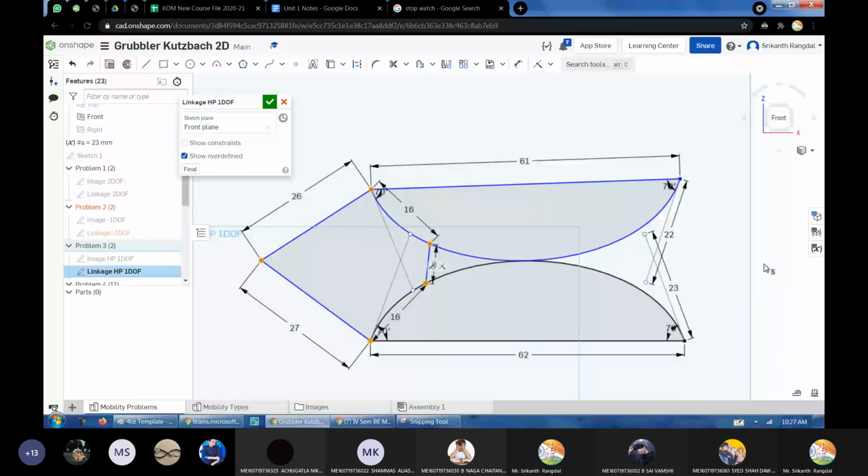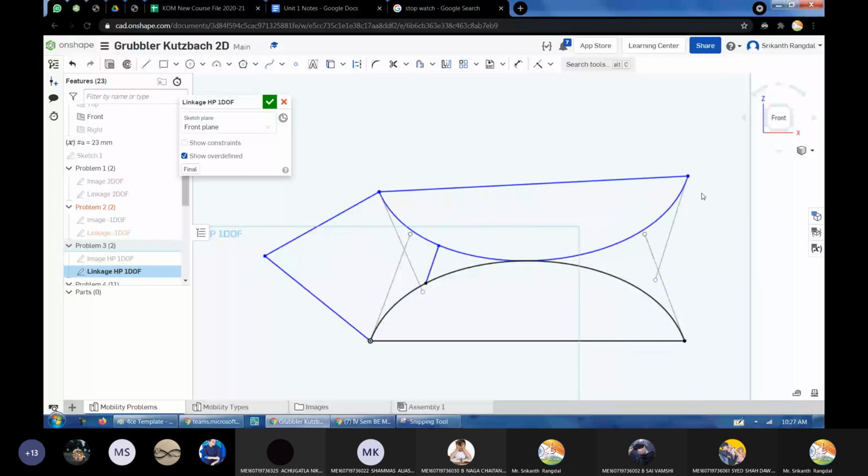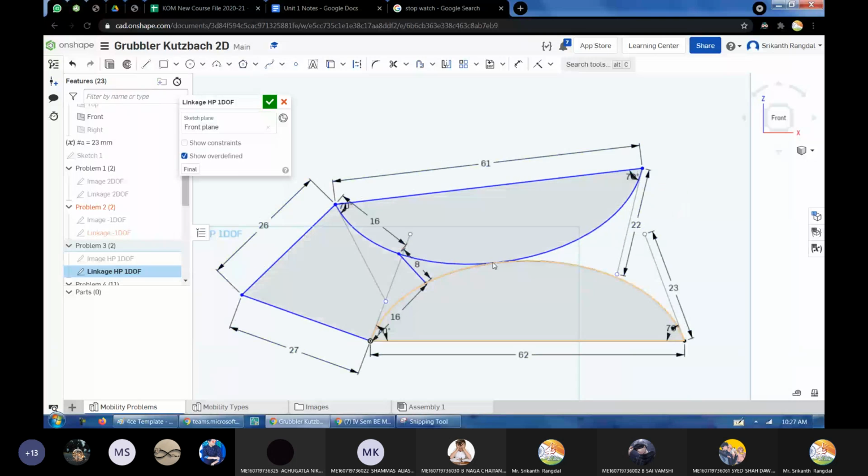Okay. Finally, coming to the higher pair or half joint. I already told you, half joint is where there is a point contact. So there is a point contact here between the two D-shaped links, and this is the only half joint in this linkage.